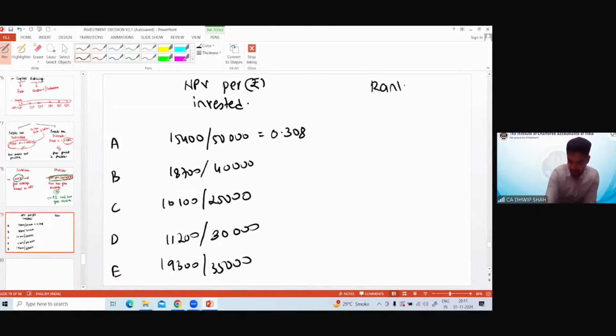And I will then give rankings. Project A is generating 0.308 of NPV per 1 rupee invested. B is generating 0.4675 rupees of NPV on 1 rupee of investment. This is how you interpret this value.